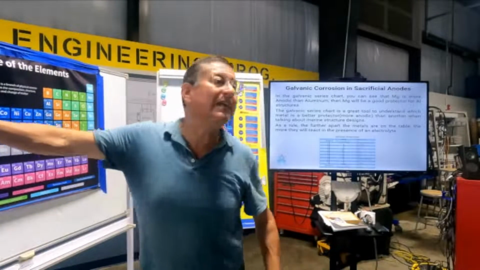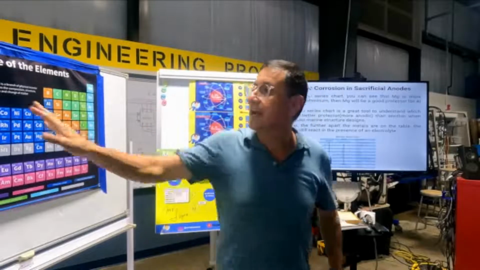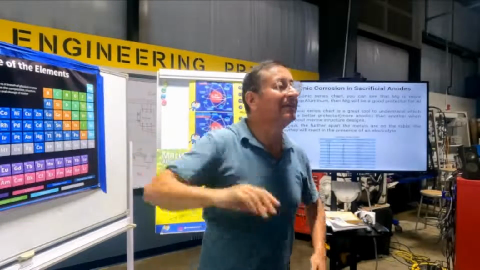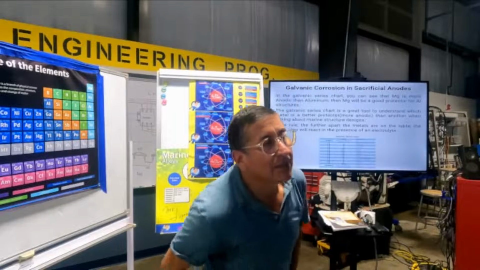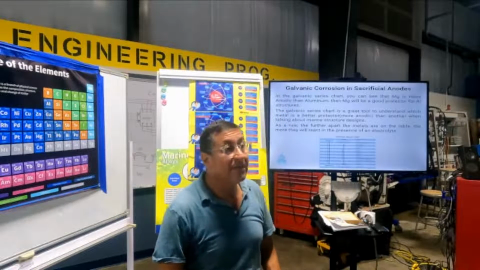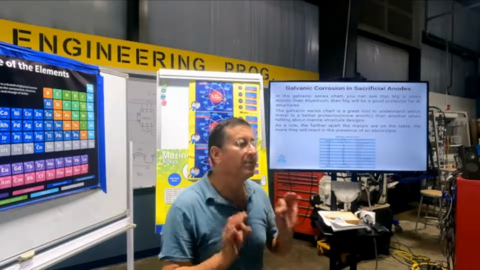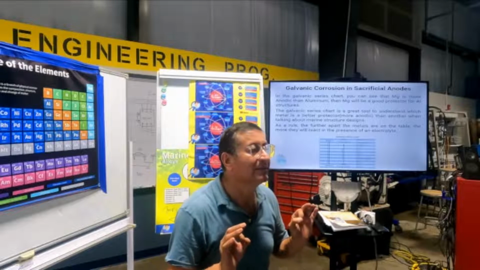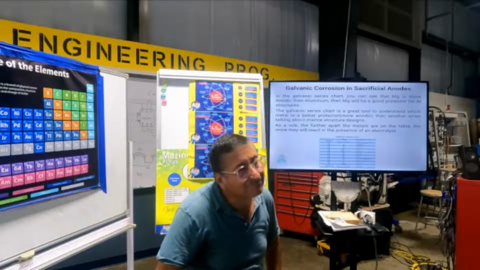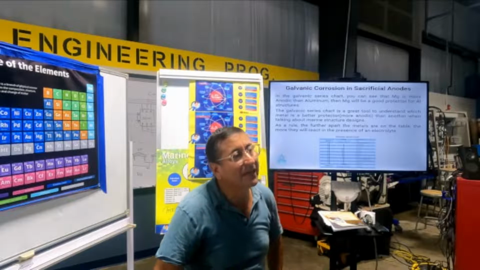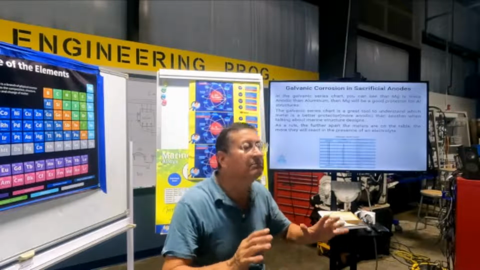Because magnesium is here in the second column, and those are alkali metals. Depending on the water, magnesium will be good. If magnesium is surrounded by fresh water, it's perfect. It's the best. But if magnesium is in salt water, no. If magnesium is in brackish water, no.